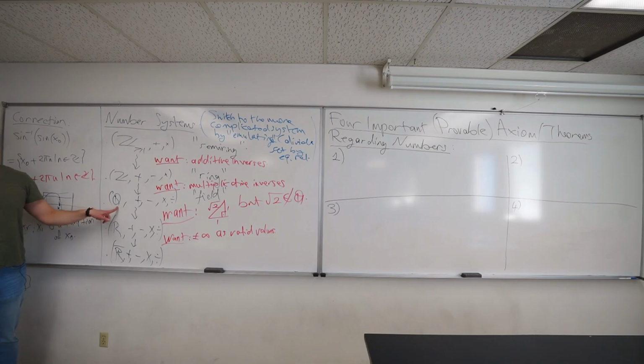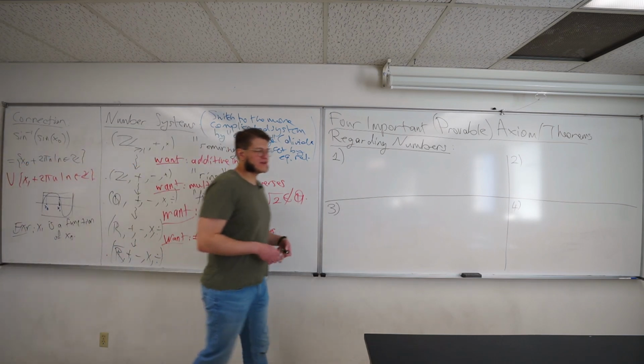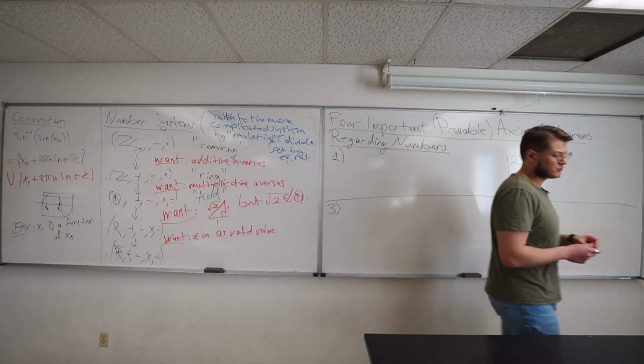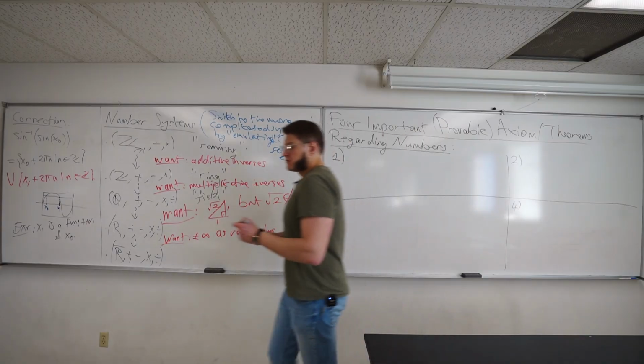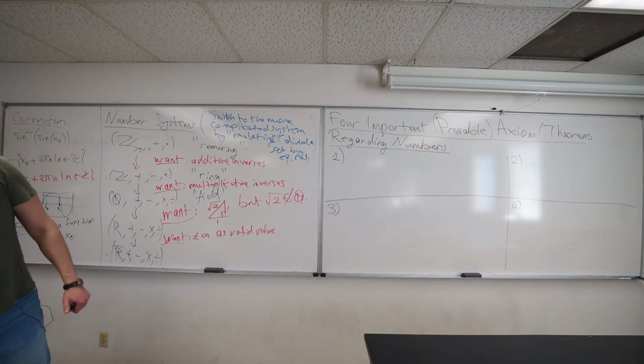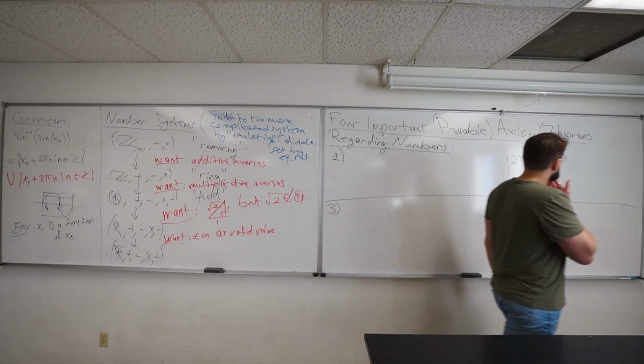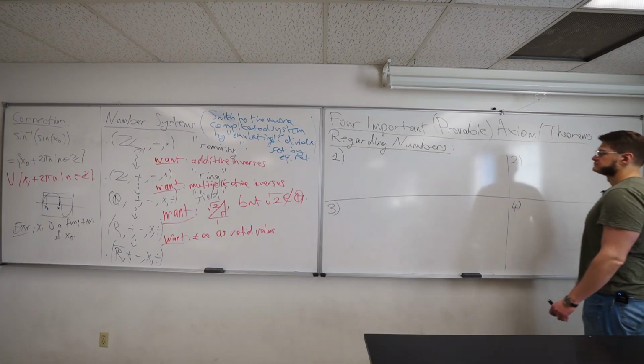So in the textbook, you'll see words like Dedekind cuts and stuff like that. Ultimately they're important, but not for calculus purposes. So that's why I'm skipping. Okay, so first I want to talk about these 4 important axioms and theorems.